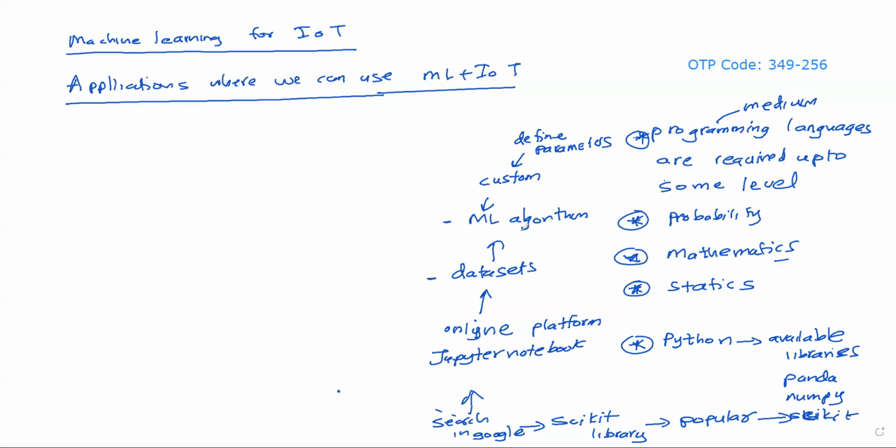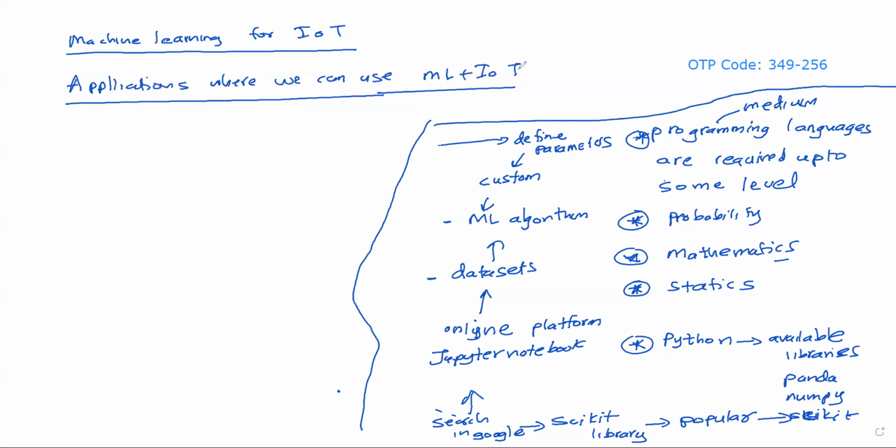Initially, it might not function correctly because the parameters you defined are not correct, so the output might not be perfect. In that case, you need to keep refining and updating the parameters until you get very accurate results from your prediction. So that is regarding the implementation of machine learning algorithms on your own.